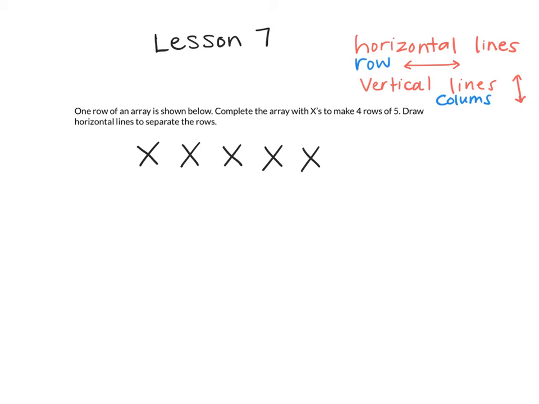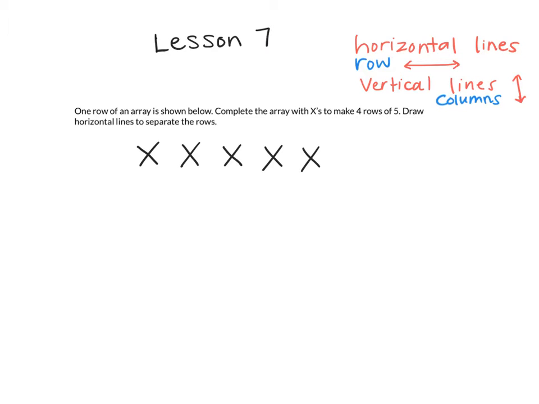I always think of a door. A door has lines that go up and down. And columns, oops, I spelled that wrong again. Columns, there's an N there. Vertical lines go up and down, okay?